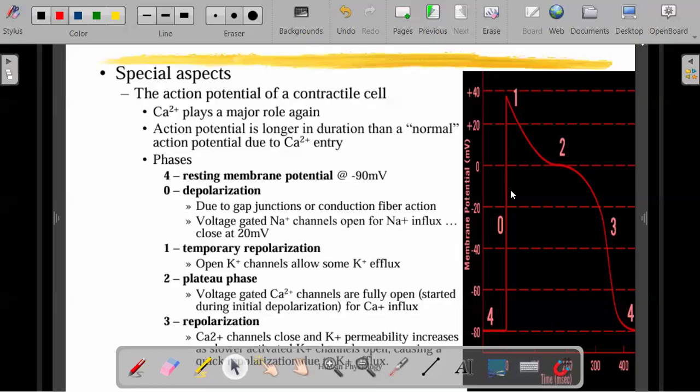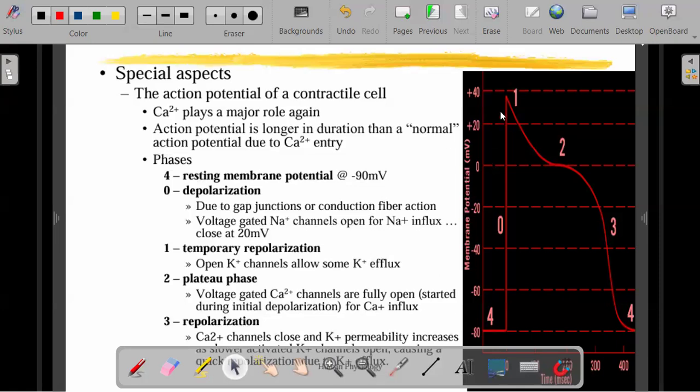If you can see our diagram here, it is showing that at phase 4, the cell is at rest. And then we have phase 0 where it's showing this straight line. At this phase, there is sodium influx into the cell using these sodium channels.